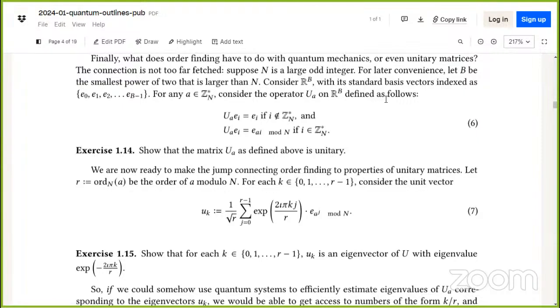Because of this, for part of the space it's the identity, and the remaining part is a permutation, since it's a unit.